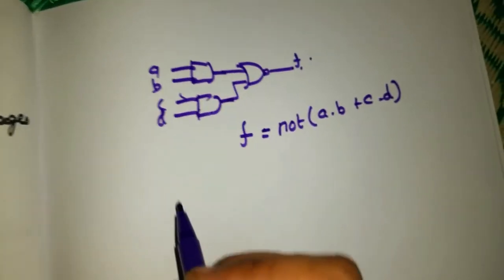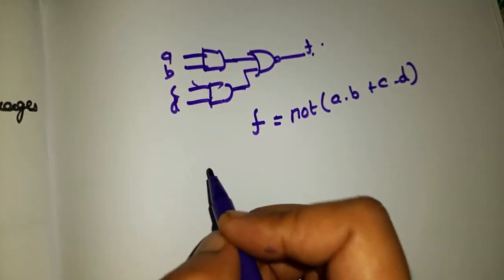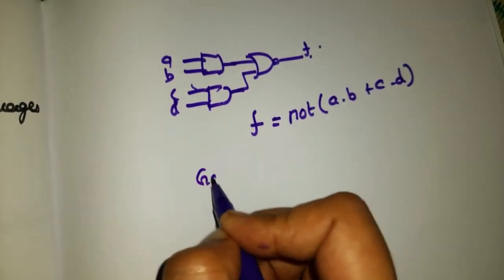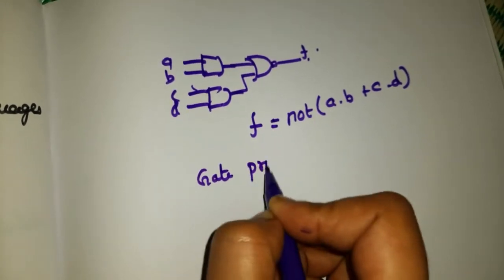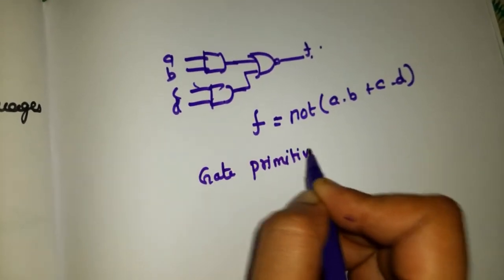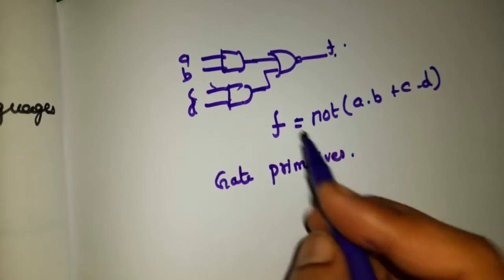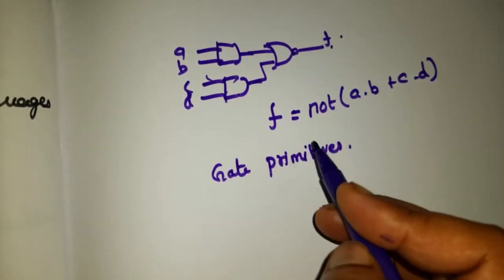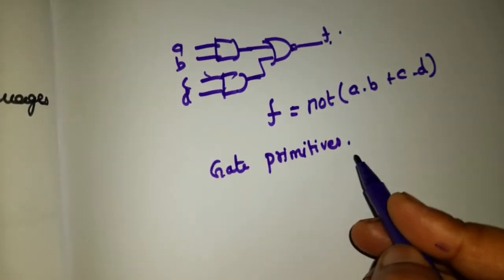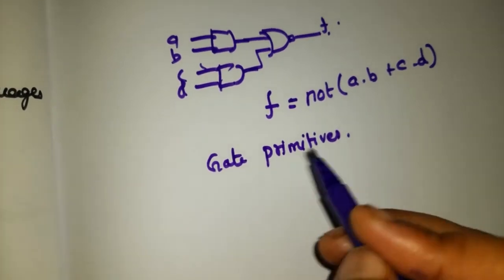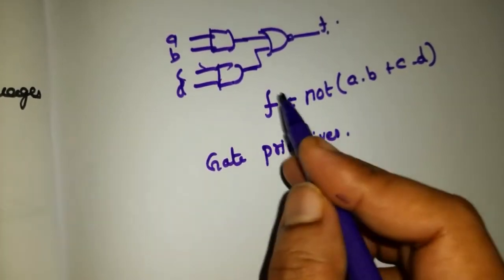In structural gate level modeling, we can model the system using gate primitives. That means the language itself has many gate primitives, and we can just use them to describe the logic function.